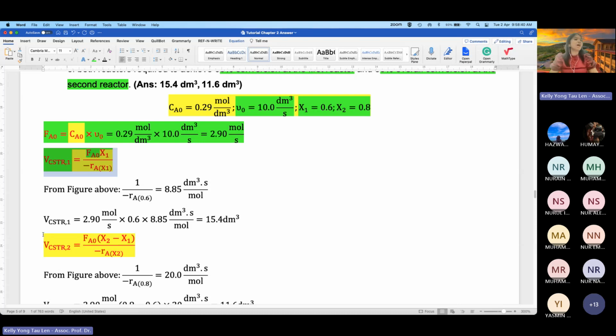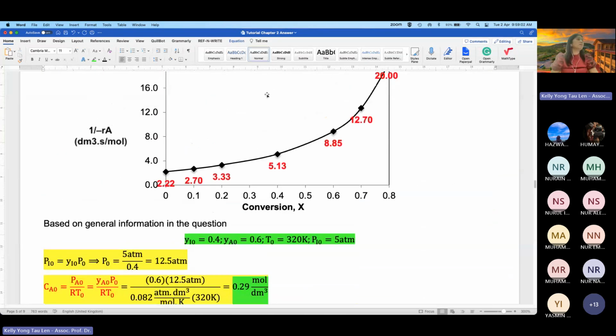So for the first CSTR, the formula is given as volume CSTR1, which I want to find, equals FA naught. FA naught I have already solved, 2.9. Multiply with x1, which is 0.6. Multiply with 1 per minus RA at my x1. So you go and check from your table.